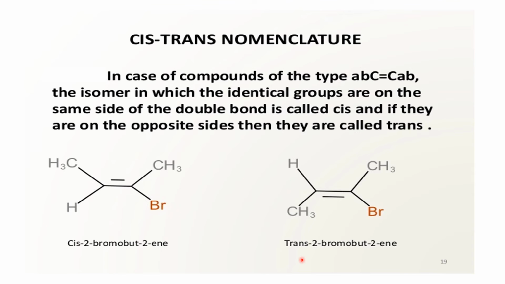So if the atoms or group of atoms attached to a double bond are the same, we can identify them as cis isomer or trans isomer. But for a double bonded compound where all four atoms are different, we use E and Z notation. Take down.